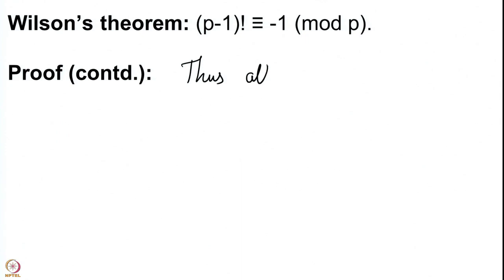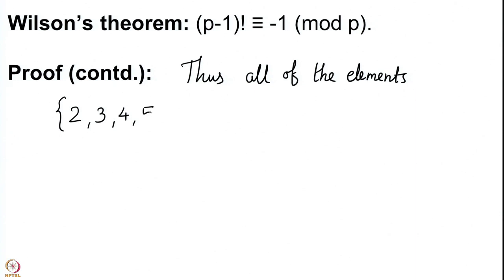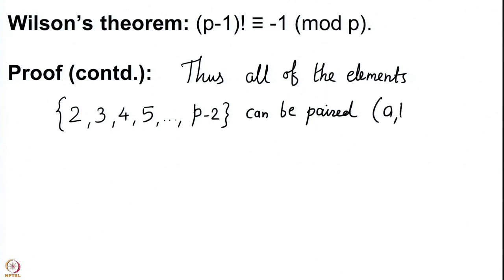Thus, all of the elements, I will not take 1, so I start with 2, 3, 4, 5 up to p minus 2, can be paired a, b such that ab equal to 1 in Z_p, or ab congruent to 1 modulo p.